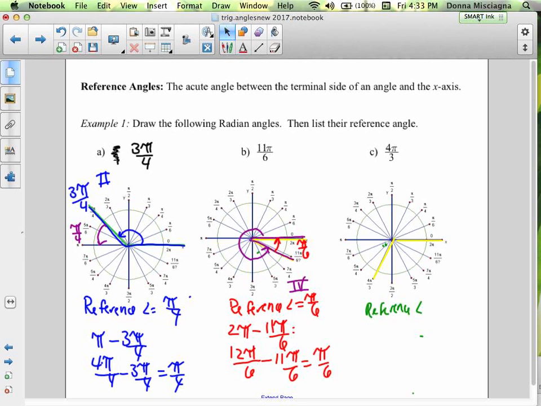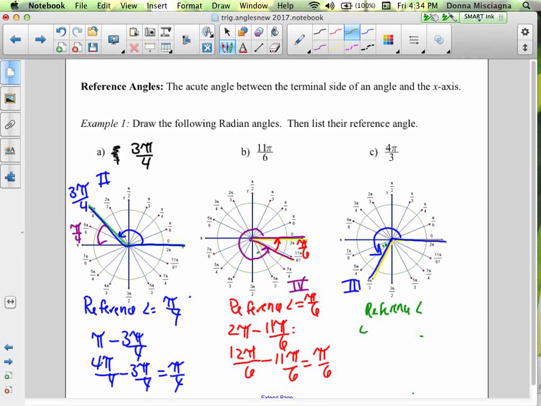And then last but not least, we have this one here, 4 pi thirds. It goes like that. All right, we are in the third quadrant. 1, 2, 3. To find our reference angle, we're going to subtract pi from our principal angle. So our principal angle is 4 pi thirds.